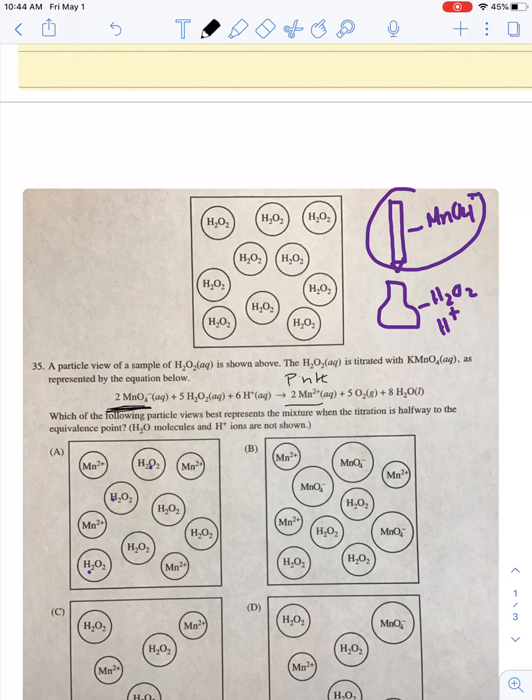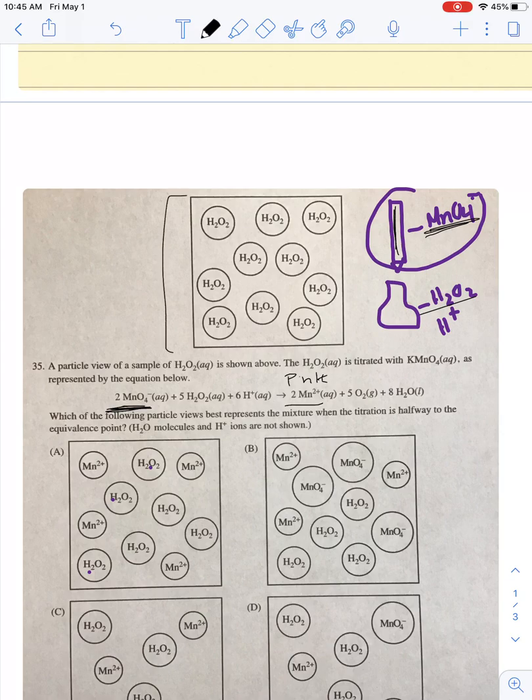So you know when you've reached complete titration, not neutralization, is when the solution is a light pink. The way this would be set up is you have your permanganate ion in the burette here, just my picture right here. This would be the known solution, the titrant, so you would know the volume and the molarity. What you're trying to figure out is the concentration of the hydrogen peroxide.